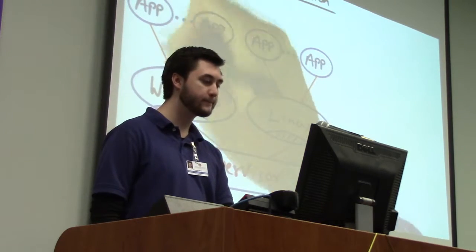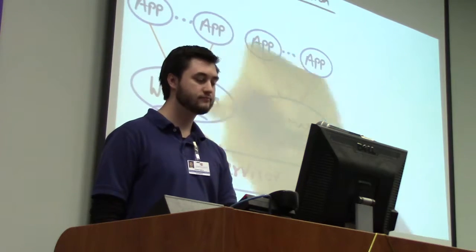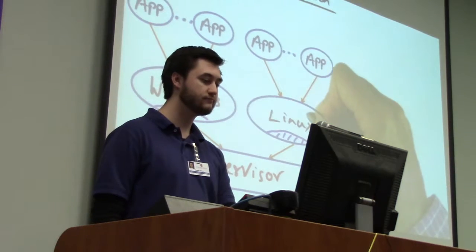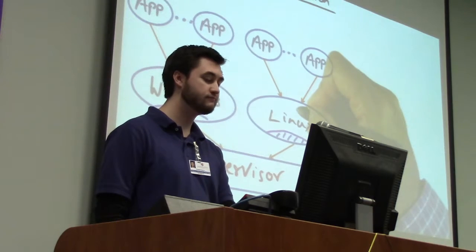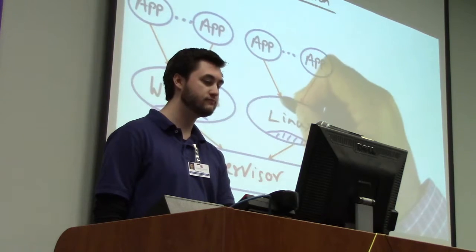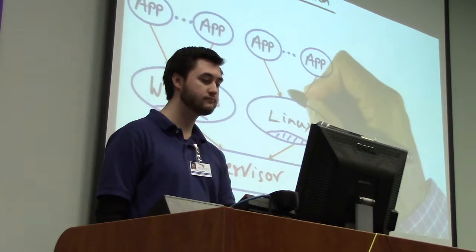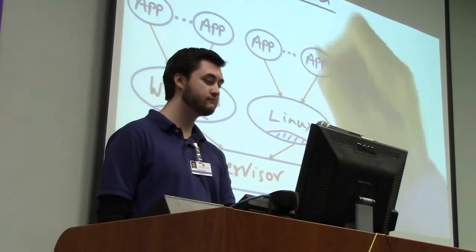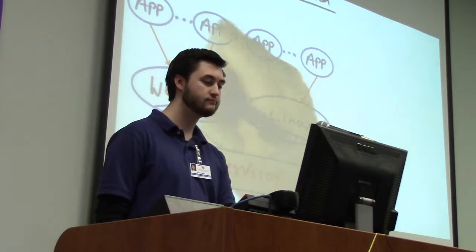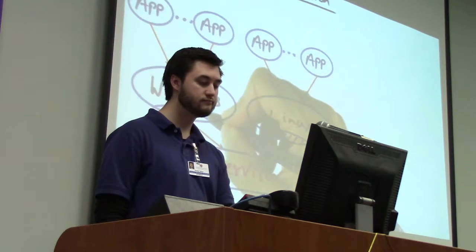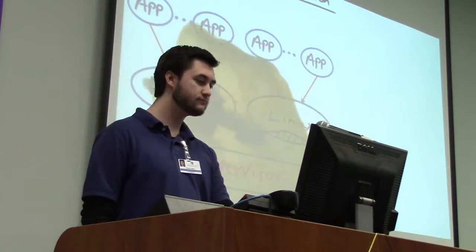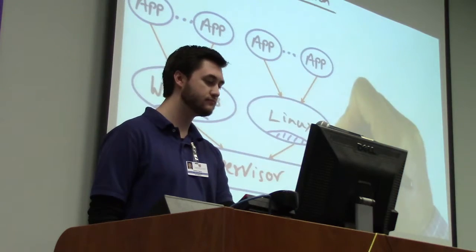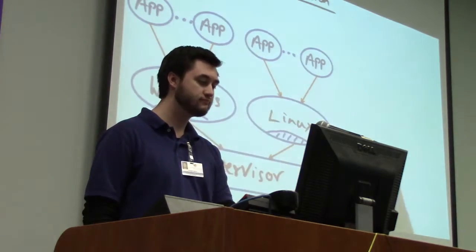If there's an application that is running on Windows, it sees the same API. If the application is running on top of Linux, it sees exactly the same API as it would if this Linux operating system is running on native hardware. In this sense, there's no change to the applications themselves, but the operating system has to be modified in order to account for the fact that it is not running on bare metal, but it is running as a guest of the hypervisor.